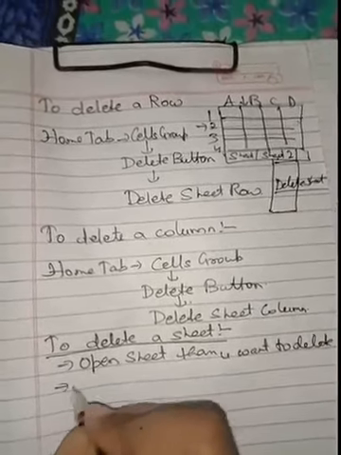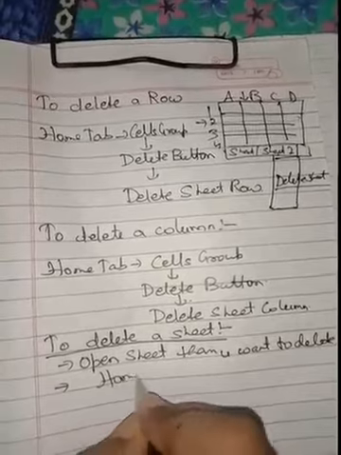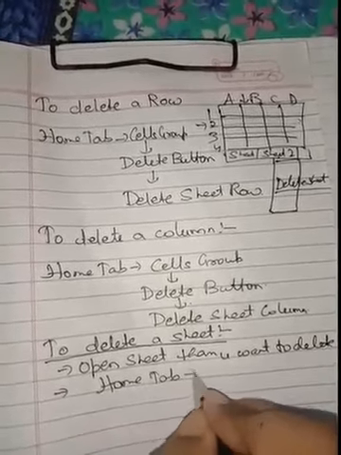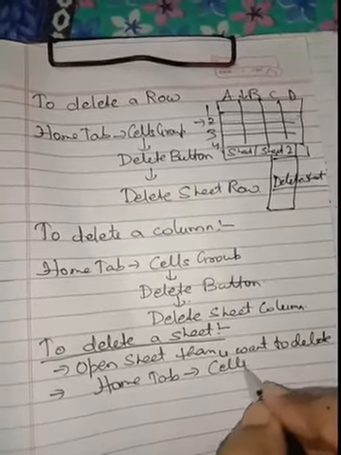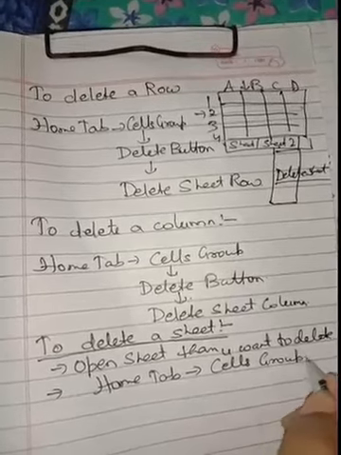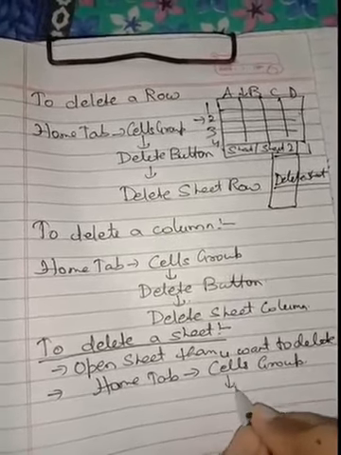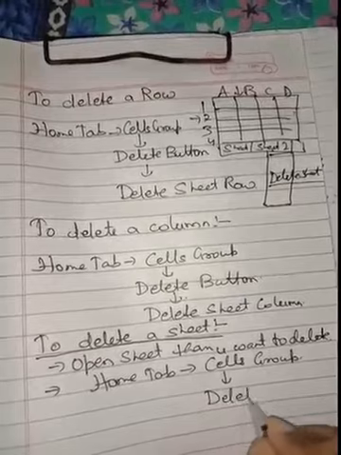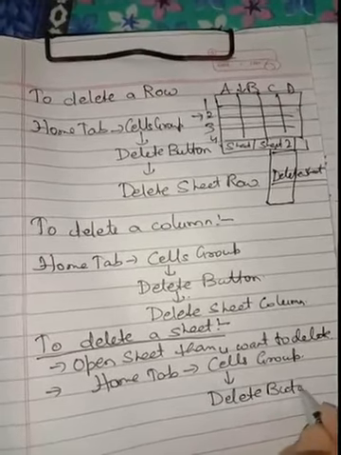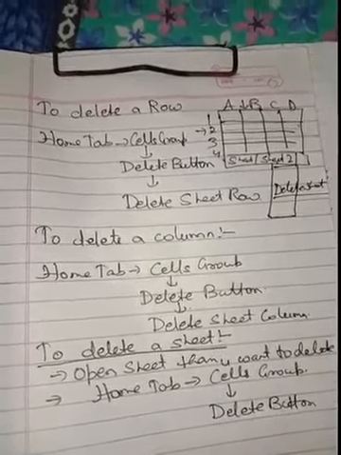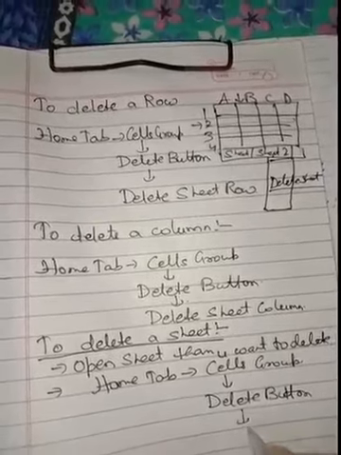Next, click on the Home tab. From the Home tab move to the Cells group. From the Cells group move to the Delete button. And from the Delete button click on the Delete Sheet option.